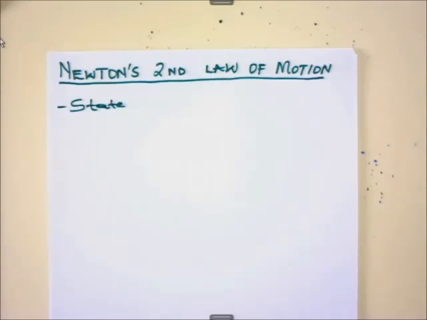So when you state Newton's second law of motion, it says: when a net force acts on an object, the object will accelerate in the direction of the net force. This acceleration is directly proportional to the net force and inversely proportional to the mass of the object.